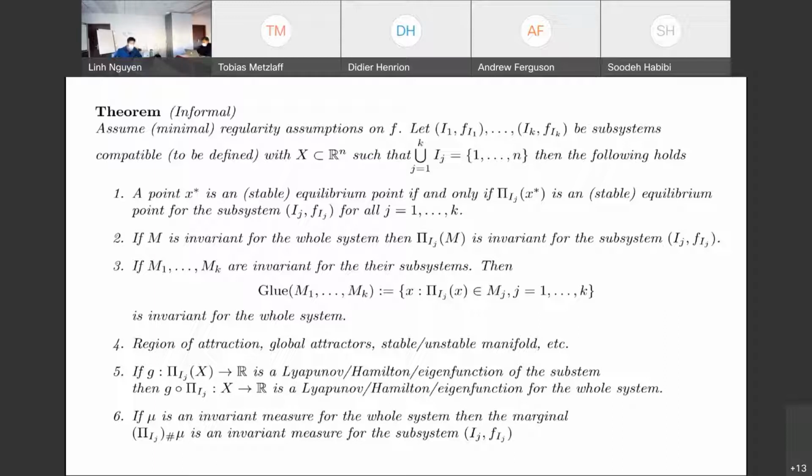Well, this is an interesting question about mixing objects. I'm not so sure. I think this is interesting, but the general philosophy that I followed here was that I looked for an object that I'm interested in for the whole system, and I tried to decompose it into the corresponding object for the subsystems.